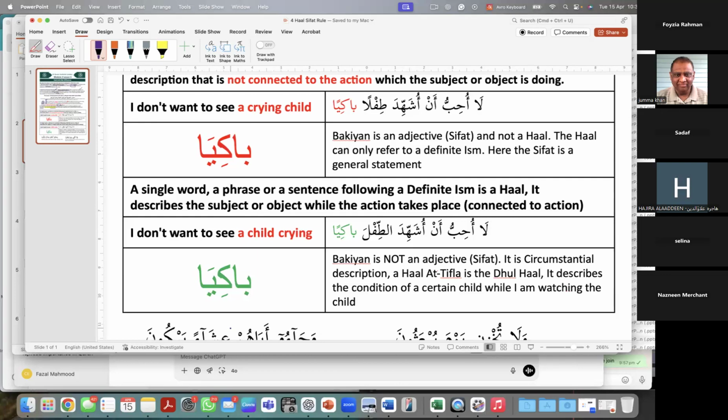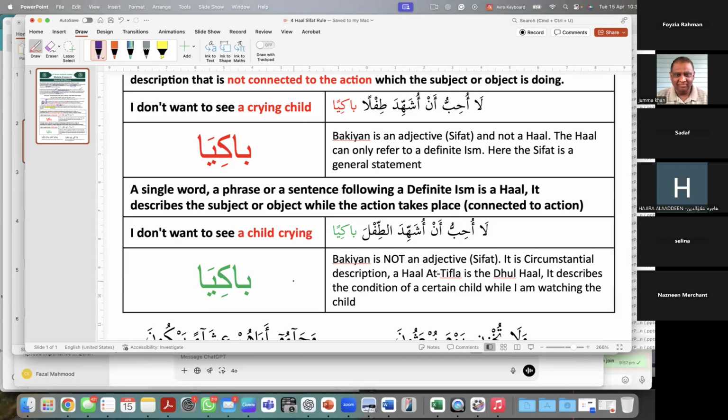Bakian, from baka, crying. Crying child. You may say, I do not want to see a child in the state of crying. You can say that, correct?